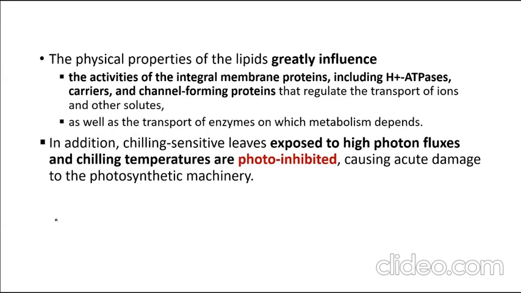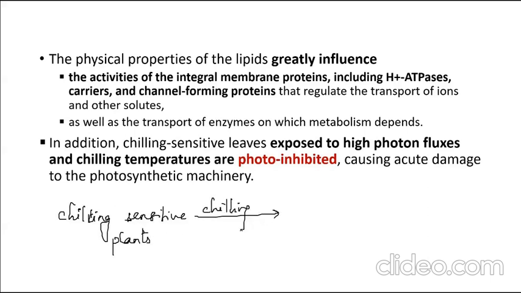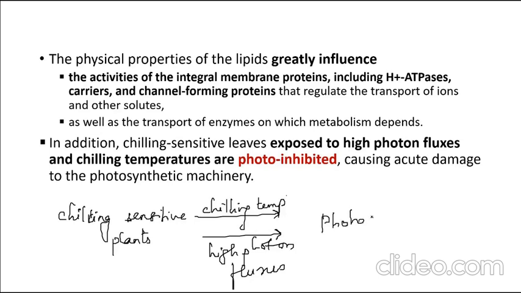So look here, when the chilling sensitive plants are exposed to chilling temperature, very low temperature, and to high photon fluxes, they show photoinhibition, and once photoinhibition occurs, this results in damage to the photosynthetic machinery.